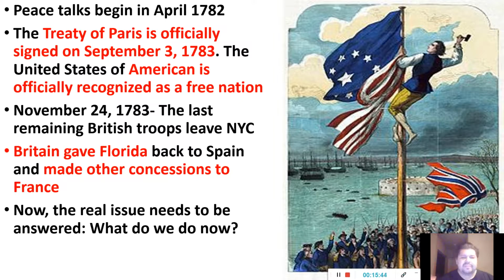With the Treaty of Paris, it officially makes the United States of America an official nation because Britain officially recognized us as an independent nation. November 24th, 1783, the last remaining troops leave, and they leave out of New York, and they're gone.